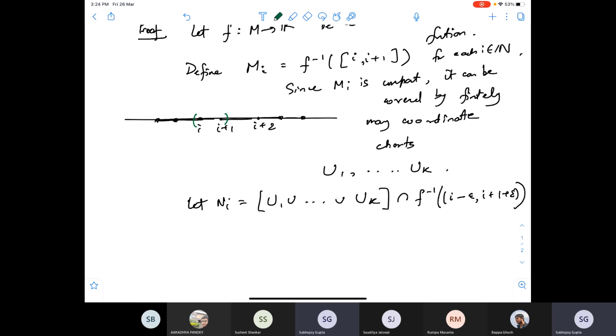And ni is an open set. You're taking, well, this is an open set clearly, and this is an open set. This whole thing is an open set in a bigger manifold, so it's a submanifold, right?